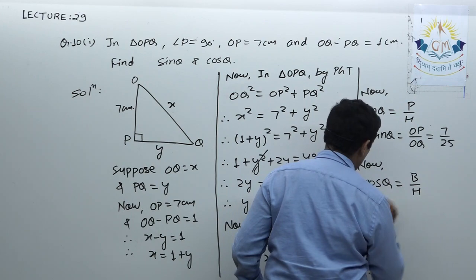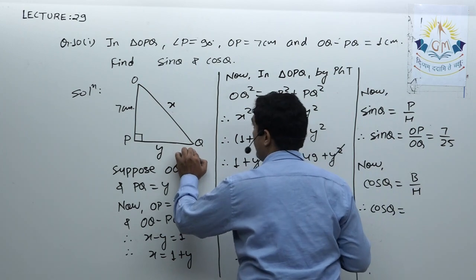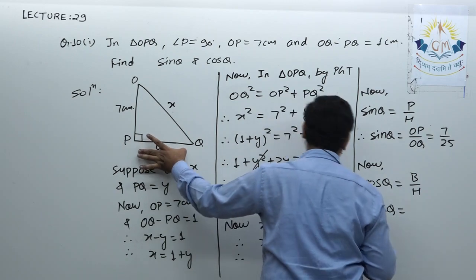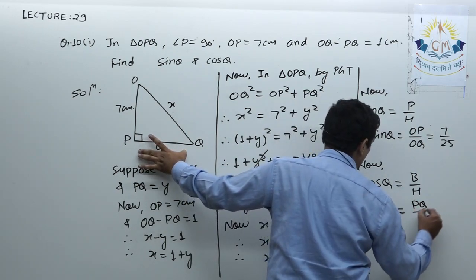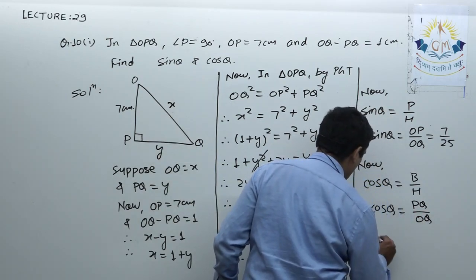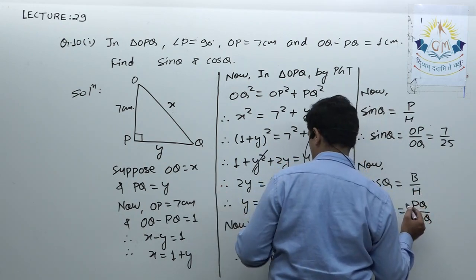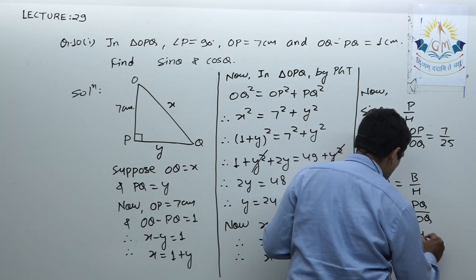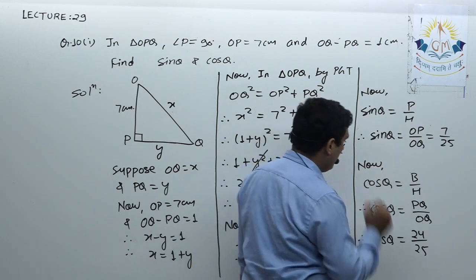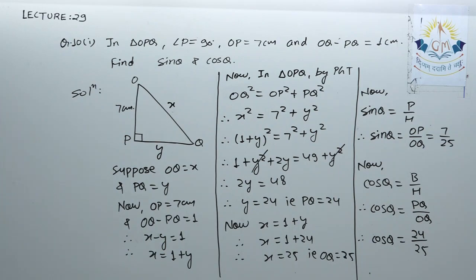For angle Q, OP is perpendicular, OQ is hypotenuse, so obviously PQ will be the base. Therefore cos Q is equal to PQ upon OQ, PQ is 24, OQ is 25, so cos Q is 24 upon 25. These are the values of sin Q and cos Q. So please note it down, then we'll see the next question.